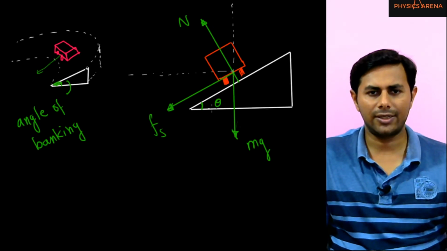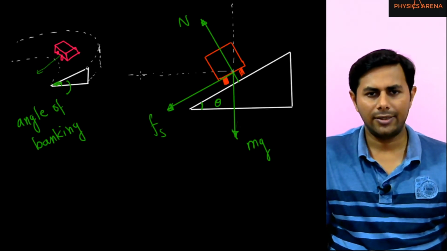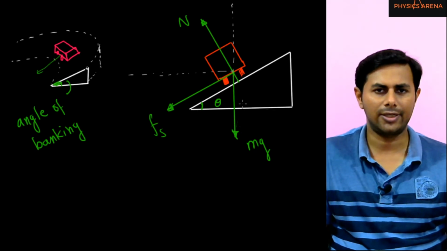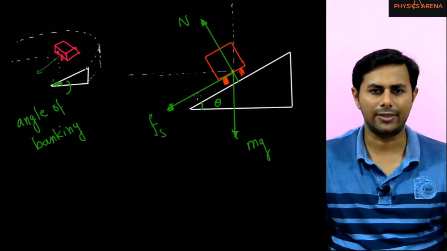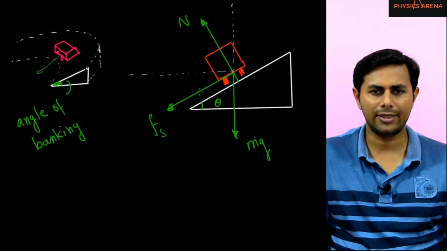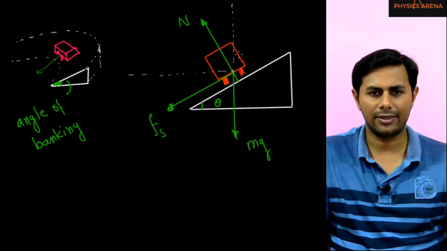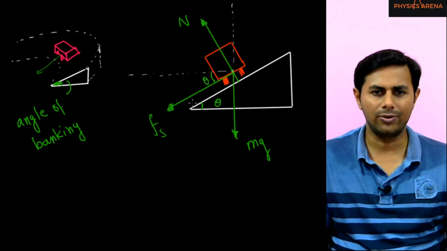Now this angle is theta, and this line is horizontal, this line is also horizontal, so those are two parallel lines, and this is like an intercept. So I can say that this angle is also theta. So we can resolve Fs in two components.